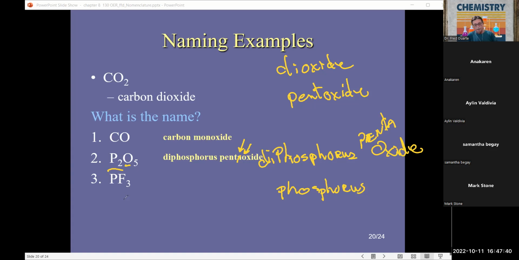Here we only have one phosphorus, and then we have the fluoride. It's not fluorine. Whether it's bonded in an ionic compound or a covalent compound, it still is called fluoride. And then we have three of them, trifluoride. So it's called phosphorus trifluoride.